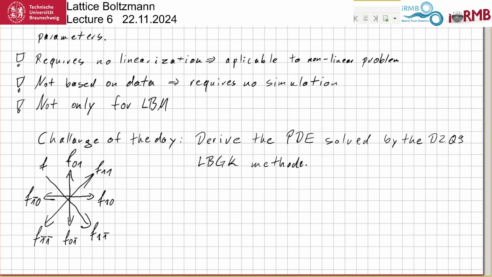And here F -1, 1. I hope I did not mess this up. Yeah, so this is our lattice. So we have the populations Fij, where i and j are elements of 1, 0, -1. Okay, so I guess most of you will know this.